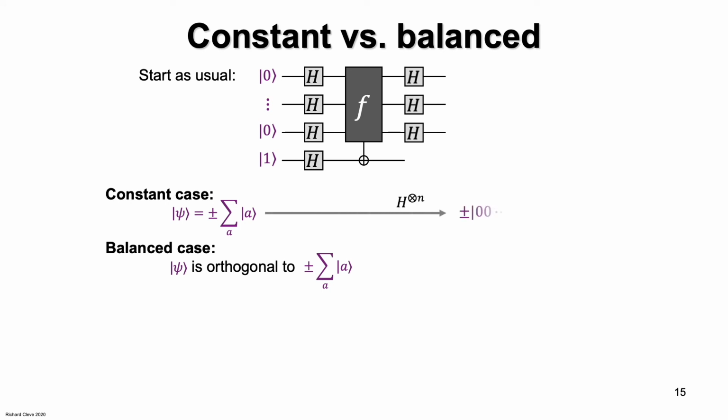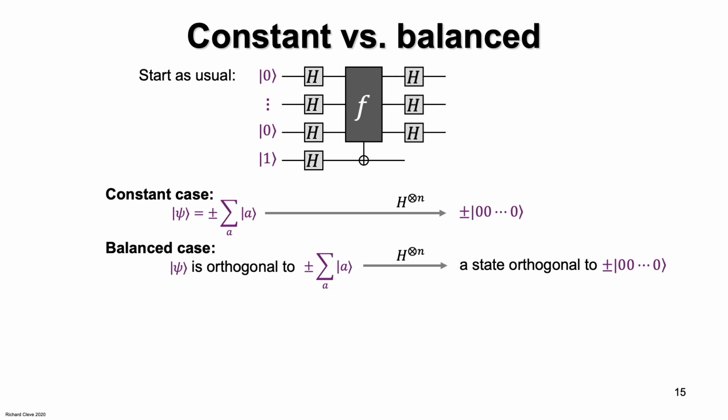In the constant case, this transforms the state to the ket all zeros state. In the balanced case, since unitary operations preserve orthogonality relations, the state is transformed to some state that is orthogonal to the ket all zeros state.